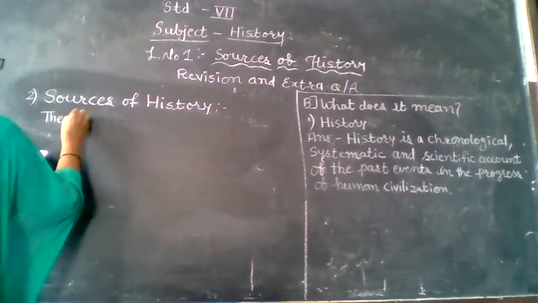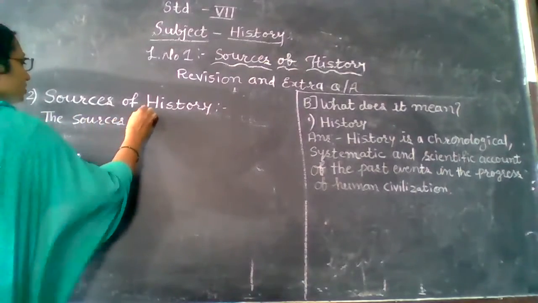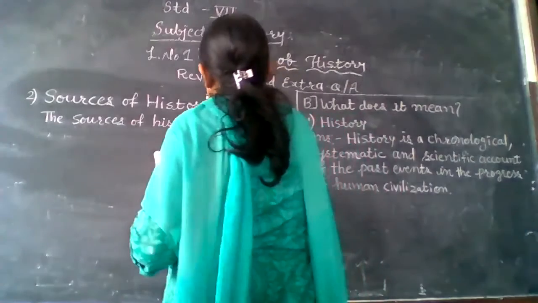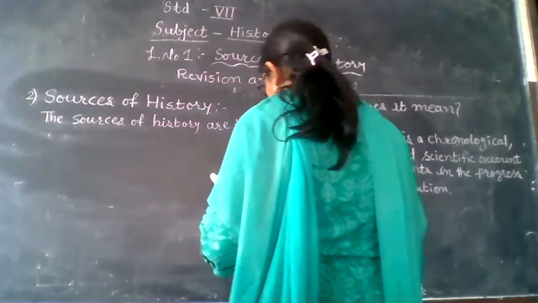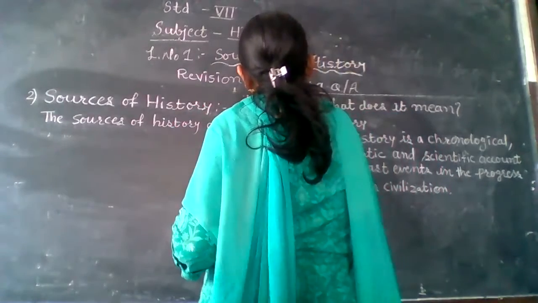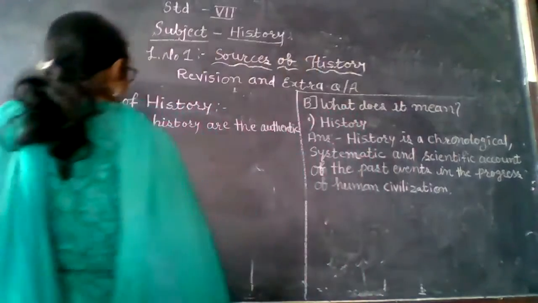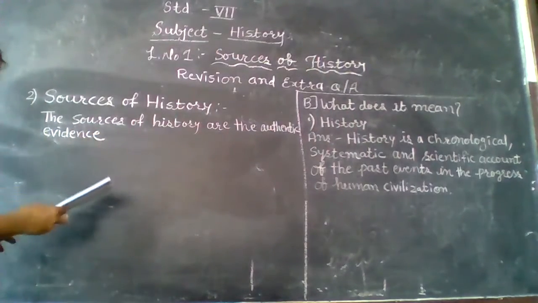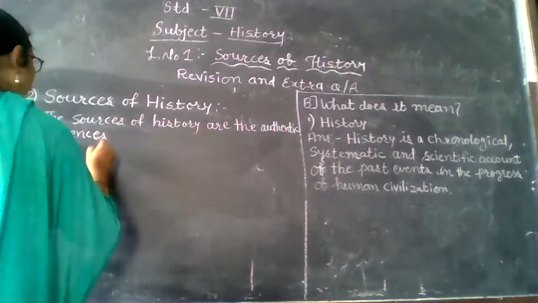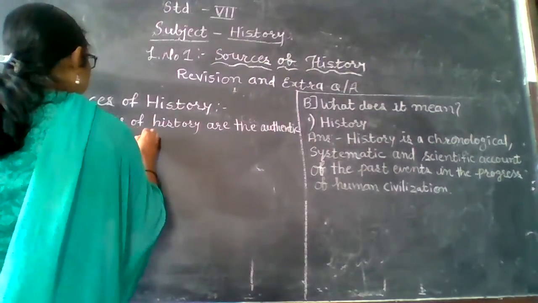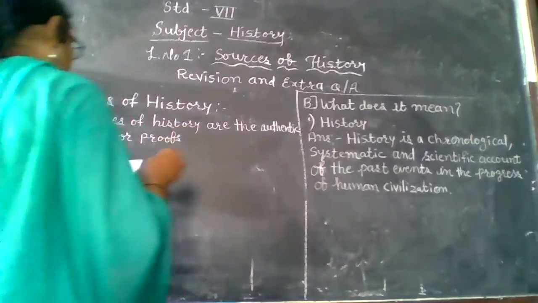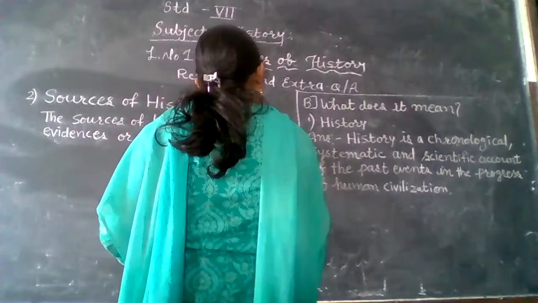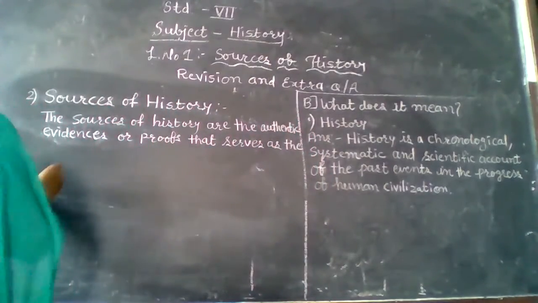The sources of history are the authentic evidences or proofs that serve as the basis for writing history.